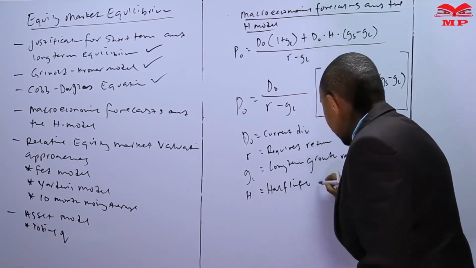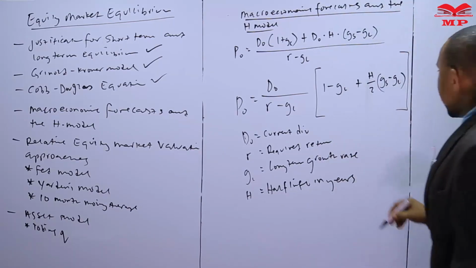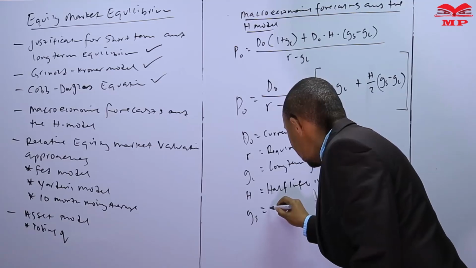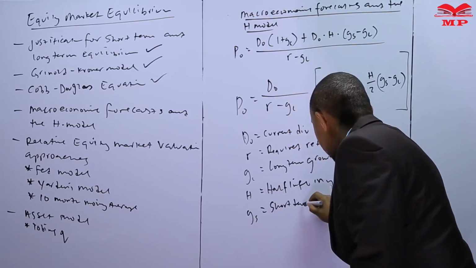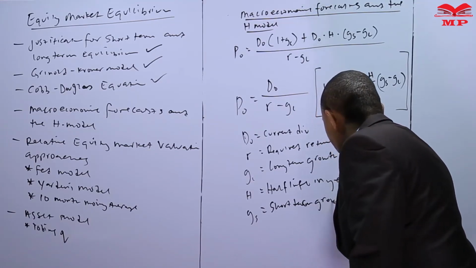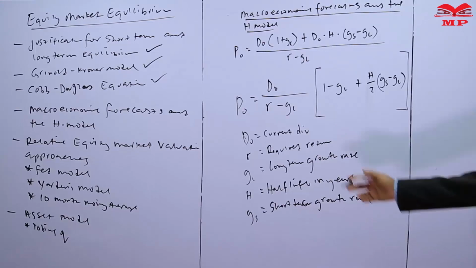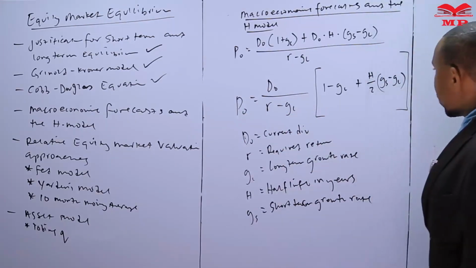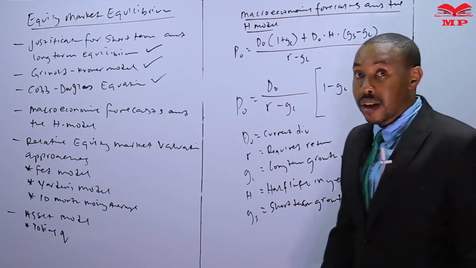GS is the growth rate in the short term. P0 is the expected price of the index. So we can now infer something from this macroeconomic focus and the H model.